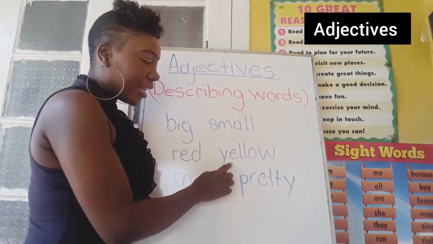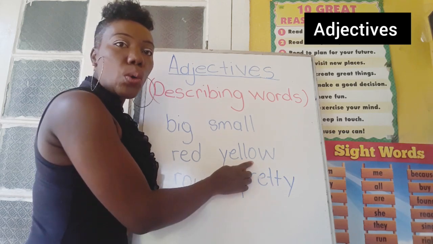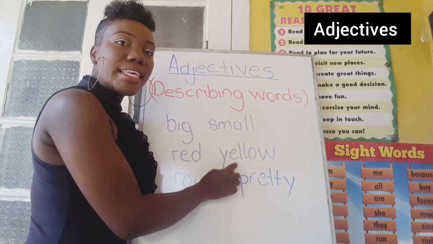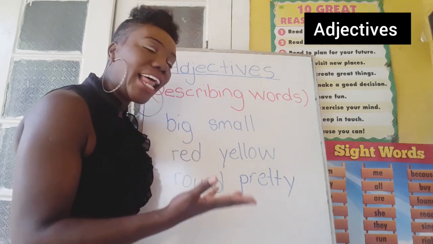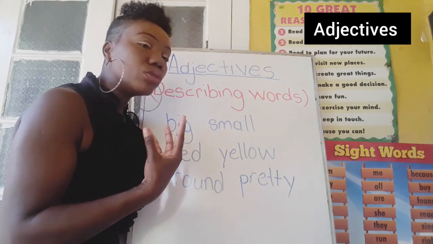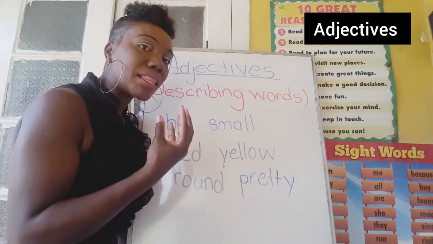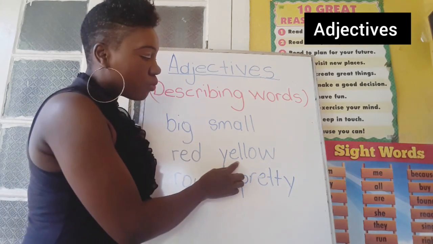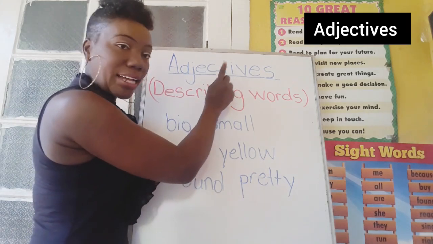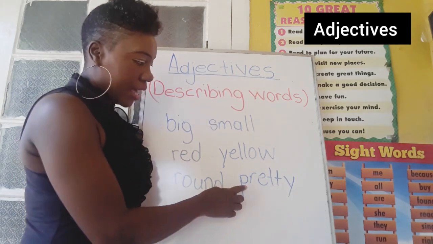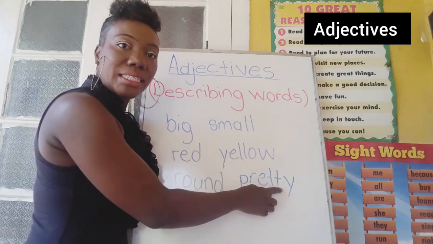And this word is yellow. And yellow is a what? Very good. Yellow is a color. So we can use colors to describe things. So the word yellow would be an adjective. And this is pretty.